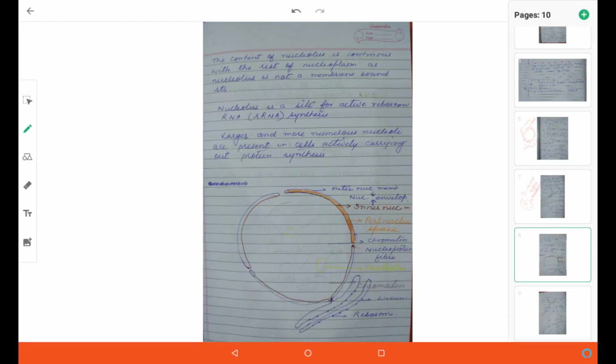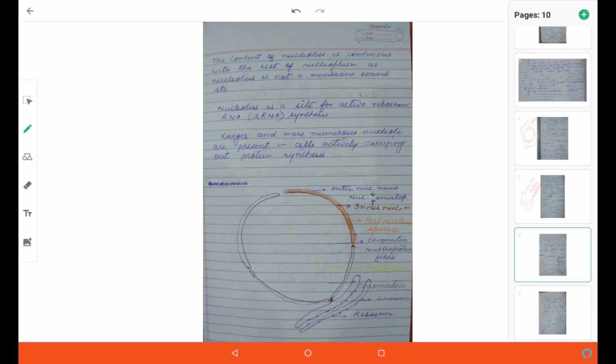That means the chromatin which is placed at the site of nucleolus contains rDNA. This rDNA later combines with proteins to form granules, and these granules are called ribonucleoprotein particles. Larger and more numerous nucleoli are present in cells which are actively engaged in protein synthesis.